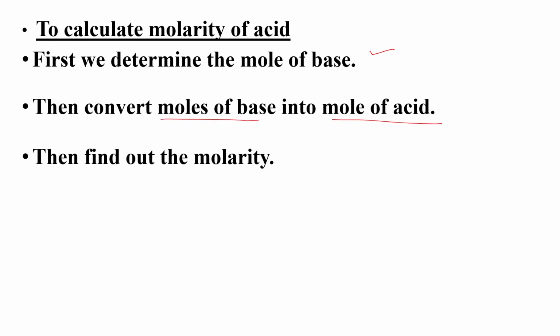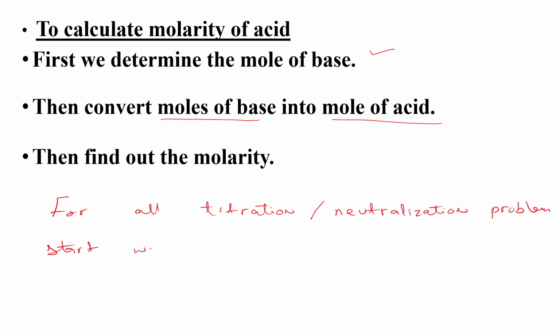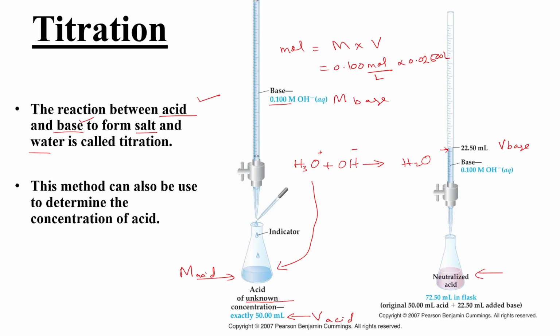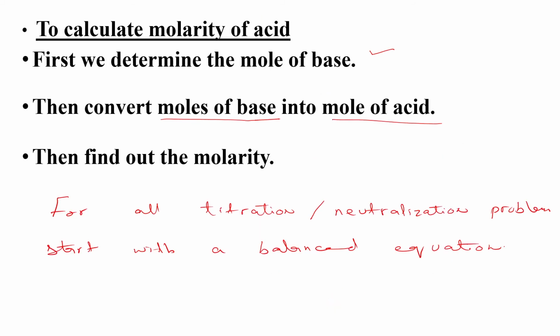This tells us that we need the mole ratio from the balanced equation. So remember this point: for all titration or neutralization problems, start with a balanced equation. Only with the help of the balanced equation will you be able to convert moles of base to moles of acid. Once you have the moles of acid, you can find molarity because you already have the volume of acid. With those two, just find the molarity of the acid.